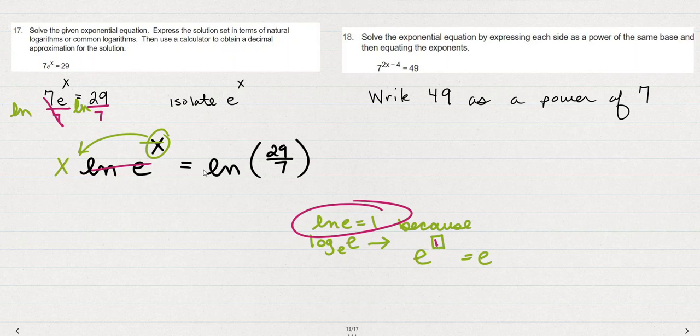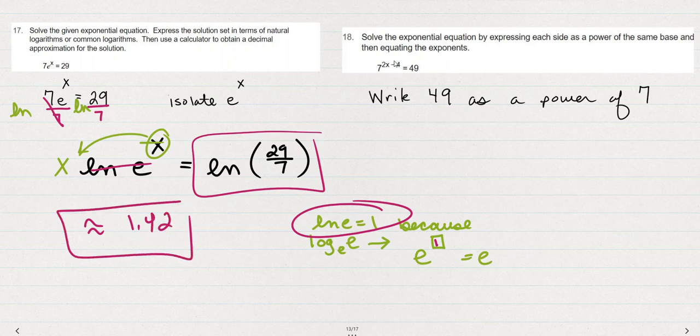So we've got x equals the natural log of 29 over 7. And if I get an approximation for that, it looks like I did some of these out of order. Some of the page must have gotten out of order. But that would be approximately 1.42.